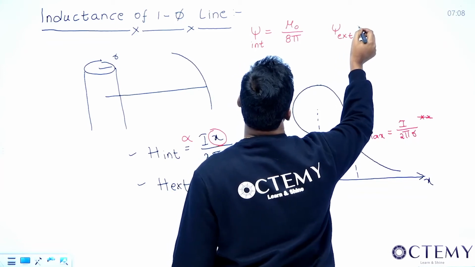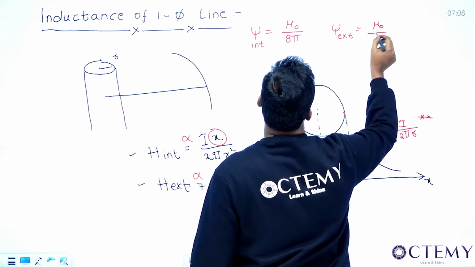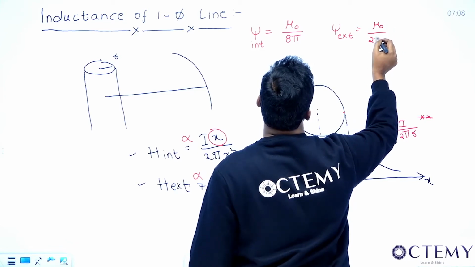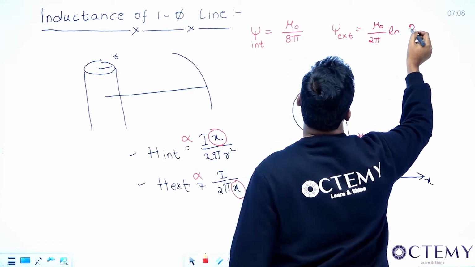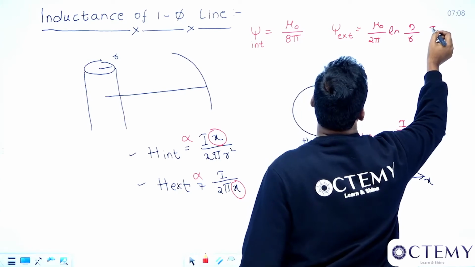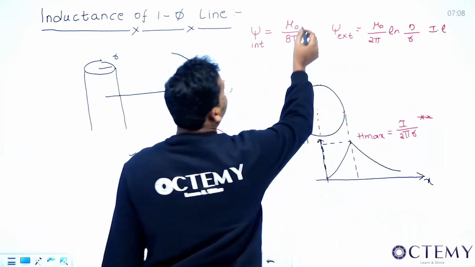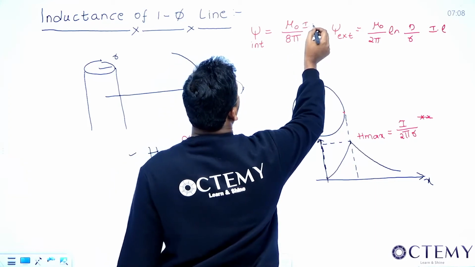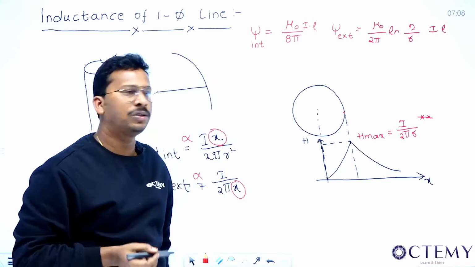I'll be using this, equal to mu naught by 2 pi into ln d by r. You'll have I current and L length also here, because for L internal this was the formula, so from there also you can remember.